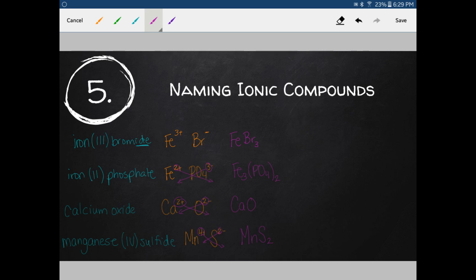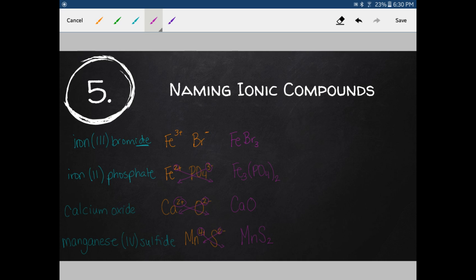Again, I reduced it. I would have had Mn2S4, but because I can divide both of those by 2, that is my simplest way to write that ionic compound.